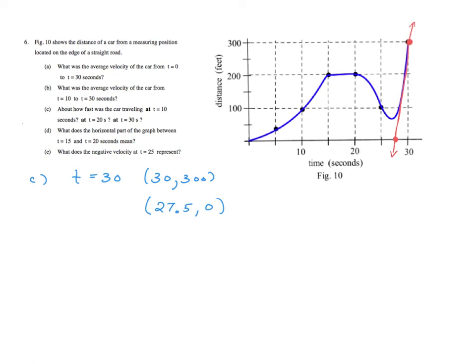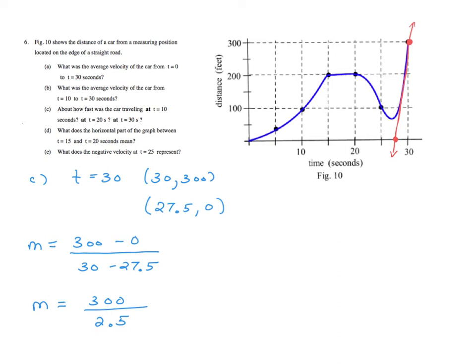So, using those points to get the value of the velocity, I'm going to take a difference of the y values. I'll do 300 minus 0, divided by the corresponding time values, which is 30 minus 27.5. So that's going to be 300 divided by 2.5.